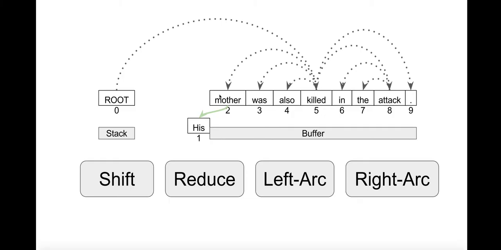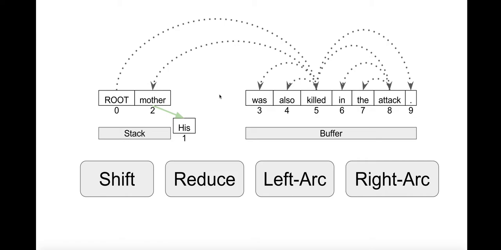Now after this configuration, we yet again notice that left arc and right arc are not possible because there is no left arc or right arc between top of the stack and front of the buffer. Also, yet again, we cannot reduce root, so it is also out of the question. We are only left with one alternative, that is to shift.